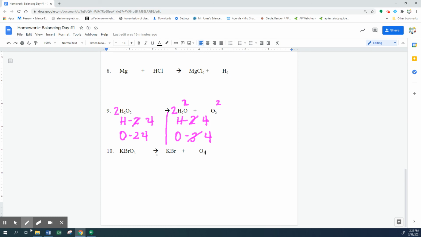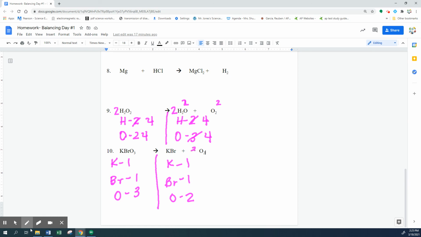For our final problem, we have K, Br, and O. So the lowest common multiple between 3 and 2 is 6.